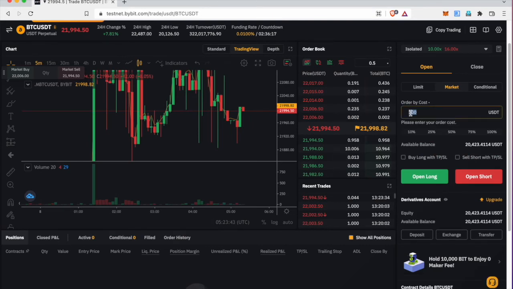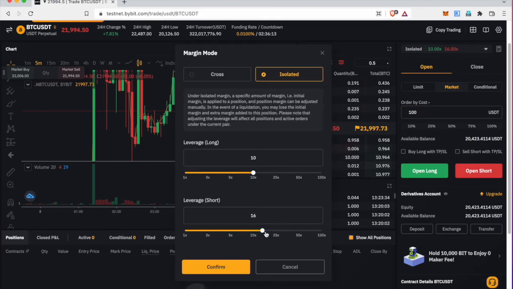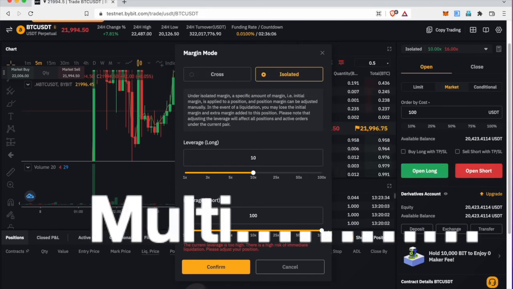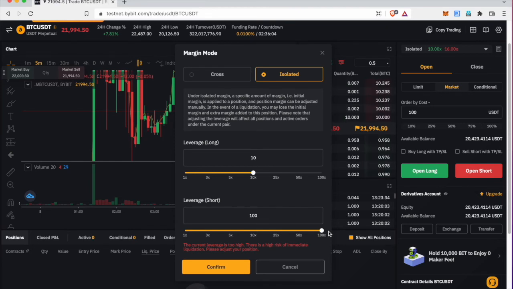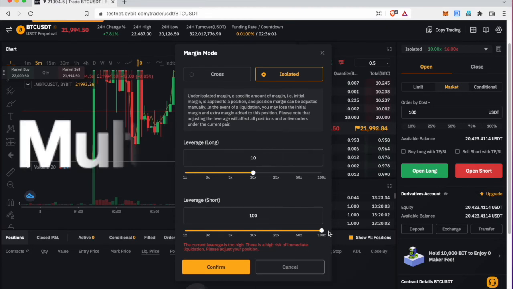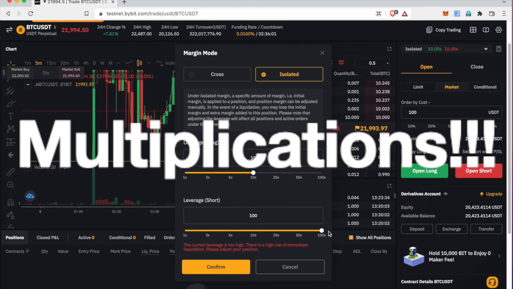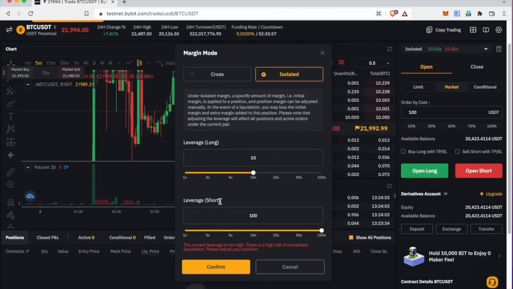Since we are not dealing with real money, let's set the leverage to 100. The multiplication factor to 100 with the short trade.